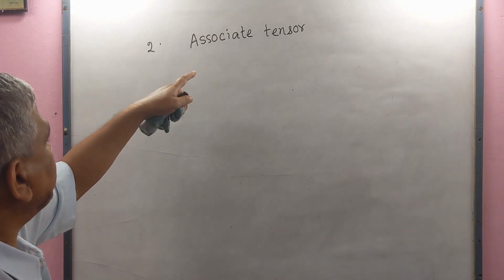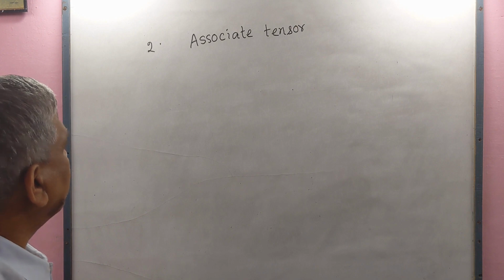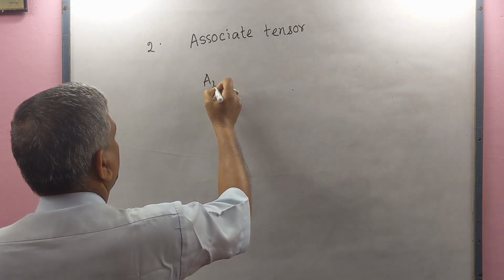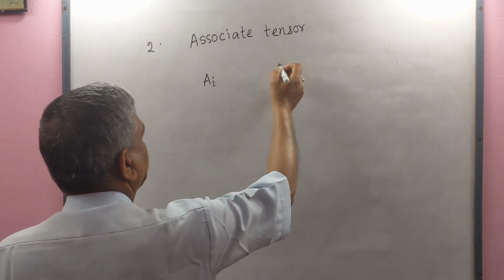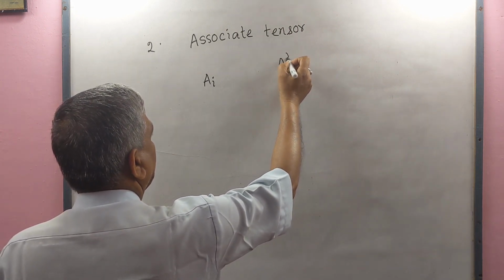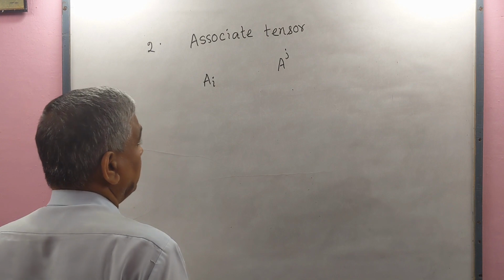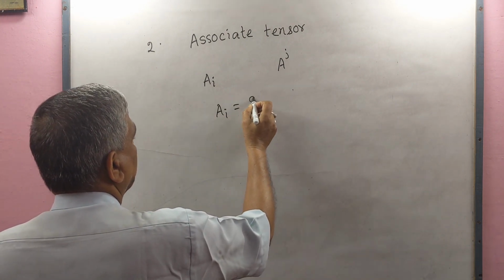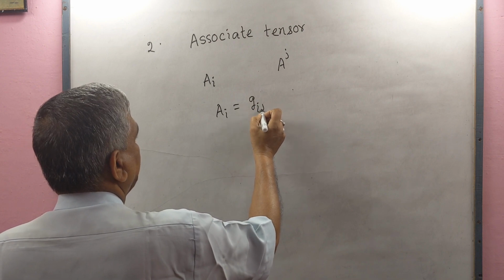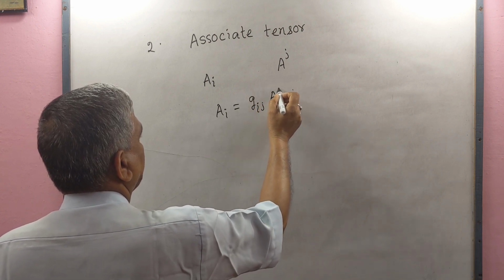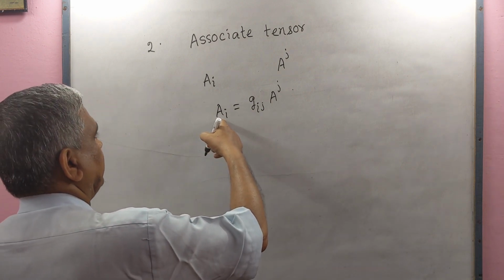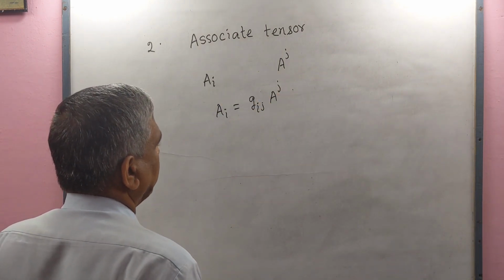Now we will discuss the associate tensor. A covariant vector A_i is said to be associate to A^j if A_i equal to g_ij A^j. Then A_i is associate to A^j.